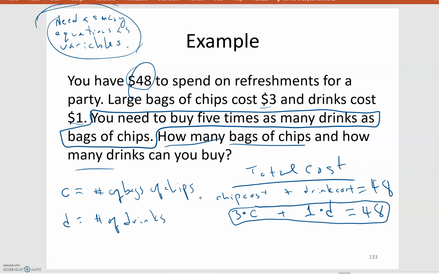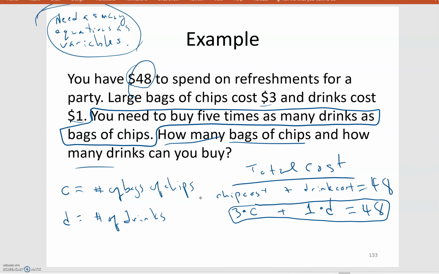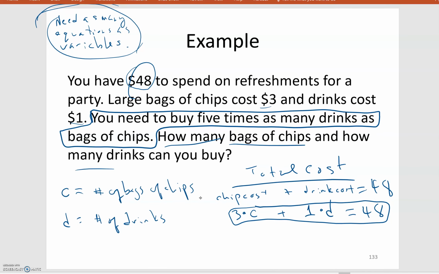So you need to buy 5 times as many drinks as bags of chips. So we need to take this statement and turn it into an equation. And this tends to confuse people. I think a lot of times people write this down in the wrong order. So let's closely stare at this and read it and think about it.